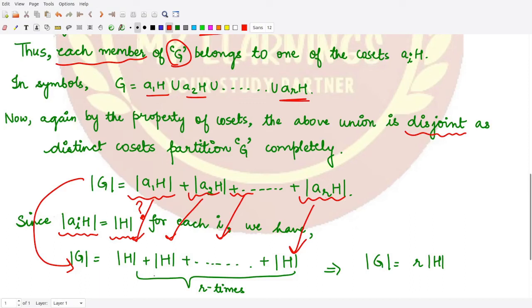So when you add the order of H R times, it gives R times the order of H, and this is what we wanted to prove: R is equal to the order of G divided by the order of H.